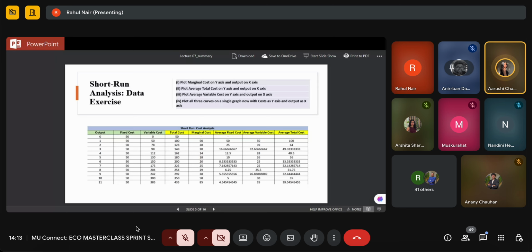So here we are concluding that after the 8th output, the average cost will increase.